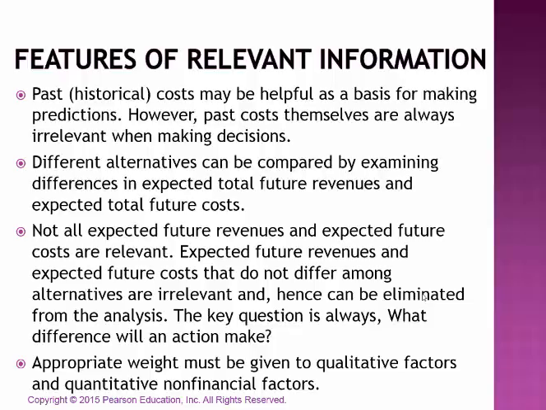Different alternatives can be compared by examining differences in expected total future revenues and expected total future cost. Again, we're looking for the relevant information, relevant revenues, relevant costs, and comparing that information. We are looking to make the best decision for the company. And how are we going to make that decision? Based on the bottom line.